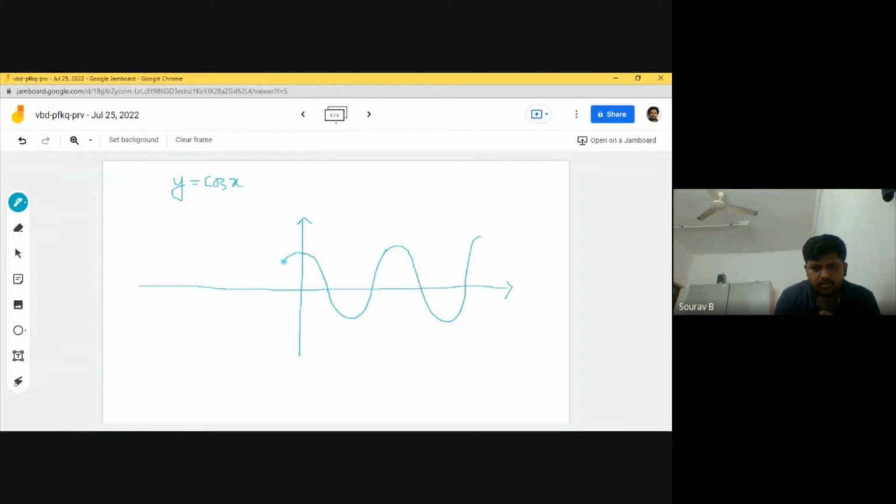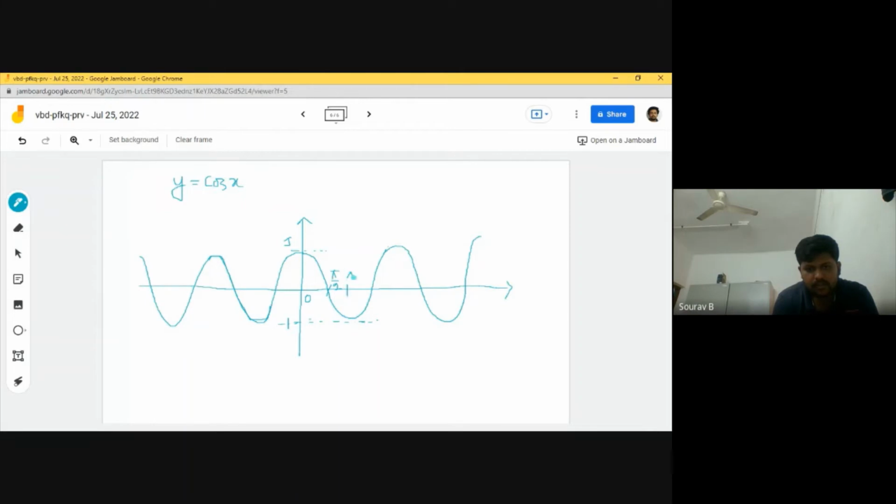So this is 1, this is minus 1. Okay, and this is 0, this is pi by 2, this is pi.